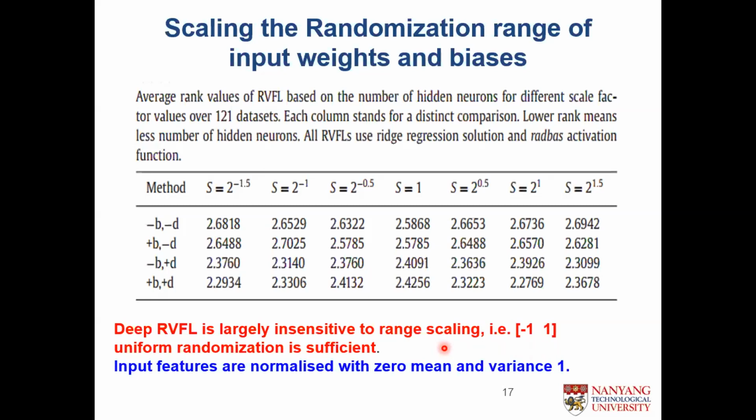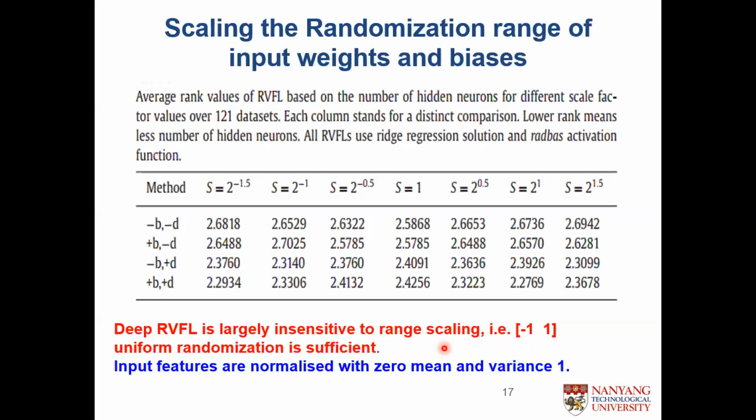Okay, thank you very much for your answer. In my shallow randomized neural networks, this interval is very important. As I said, I generate weights separately from some interval, and then I adjust the biases.